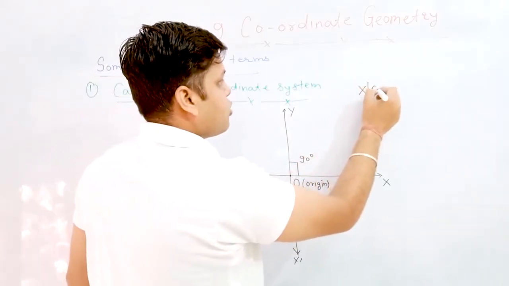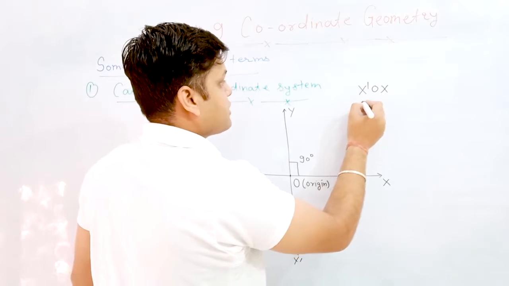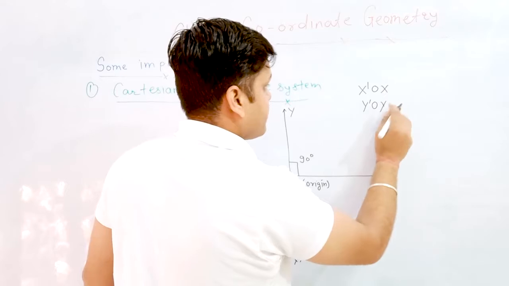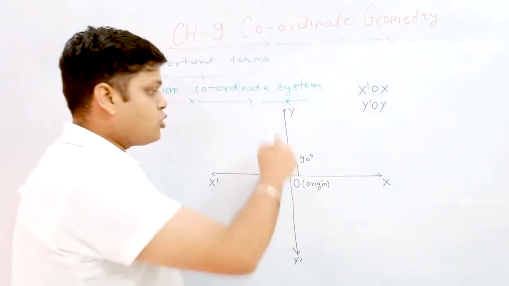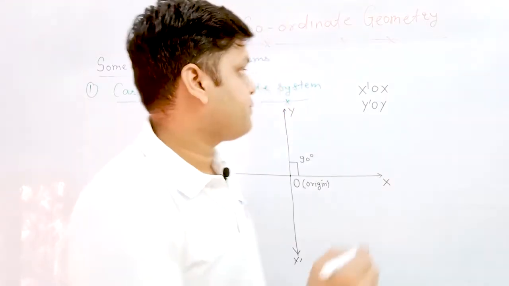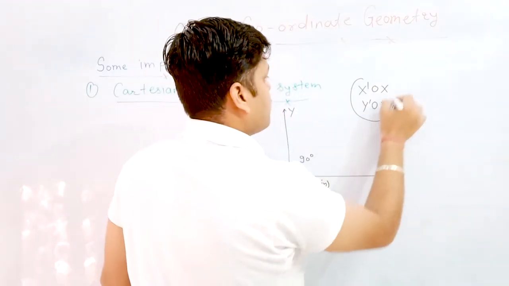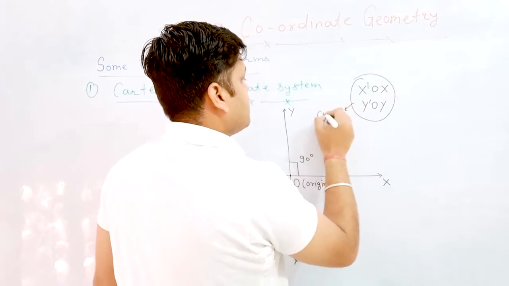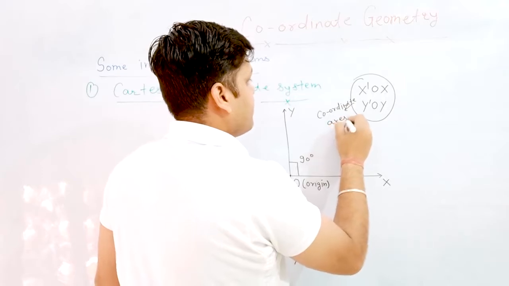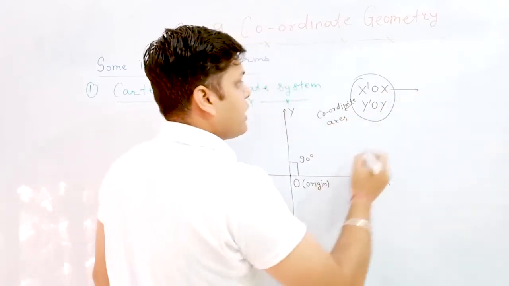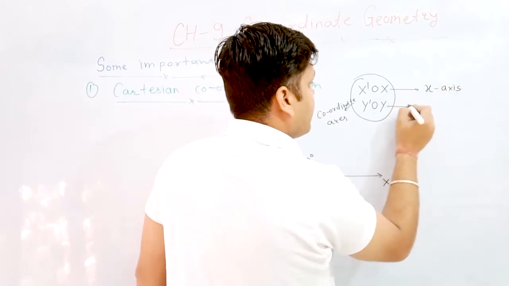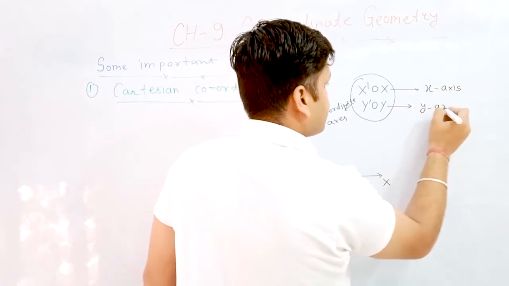The first line is x dash o x, and the second is y dash o y. These two lines are known as coordinate axes, where individually x dash o x is known as the x axis and y dash o y is known as the y axis.